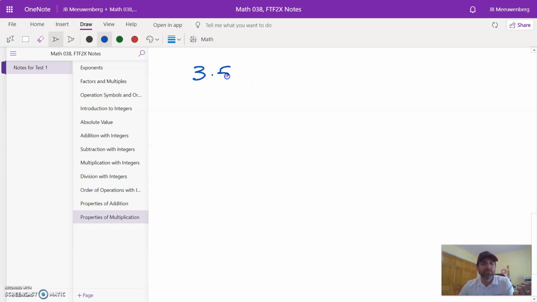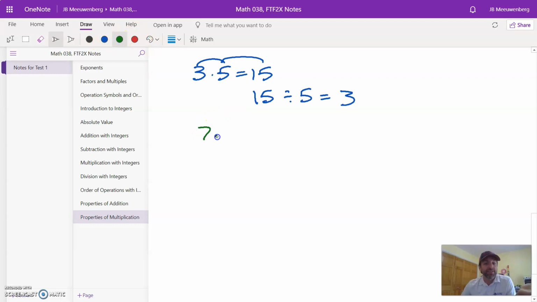Remember 3 times 5 equals 15, so we can turn that around and say 15 divided by 5 is equal to 3. Right? We can take this and sort of work it backwards with division. It undoes it. So if we have 7 times 0, we know by the zero factor law that that equals 0. Okay?